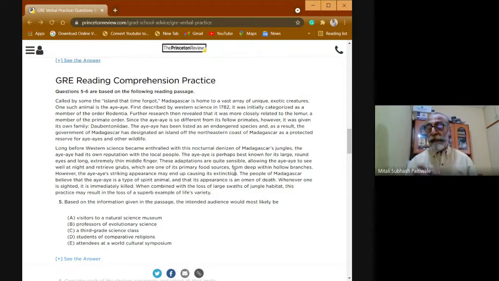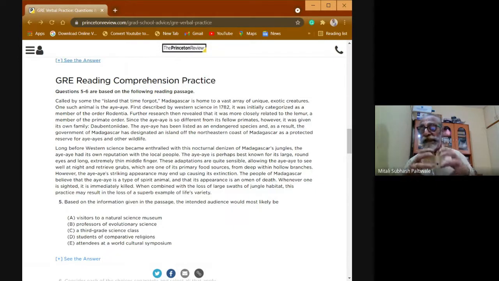That means the huge eyes were helpful for that species, even in the dark, to see very clearly, and retrieve means take out the food. What was their food? The grubs.